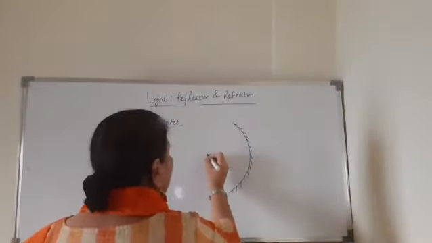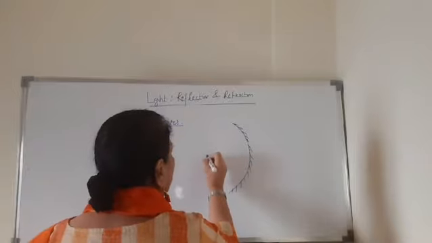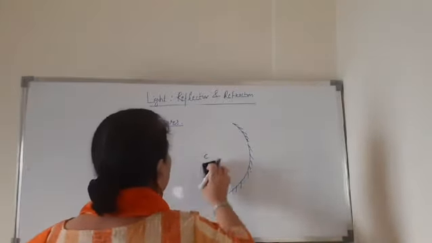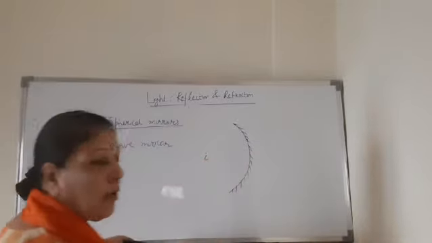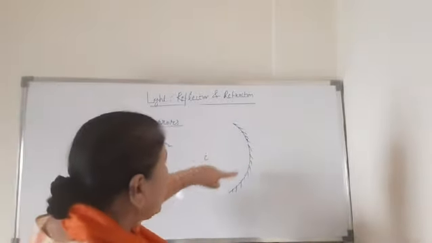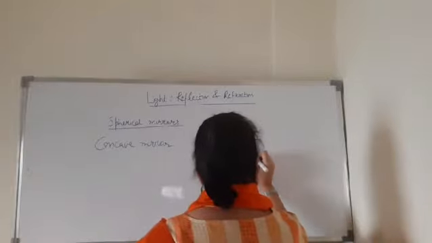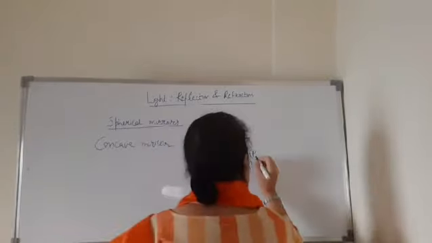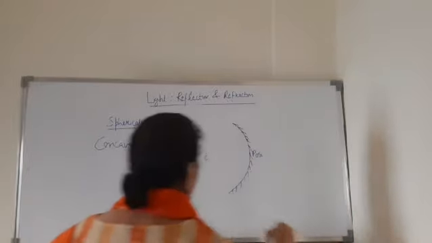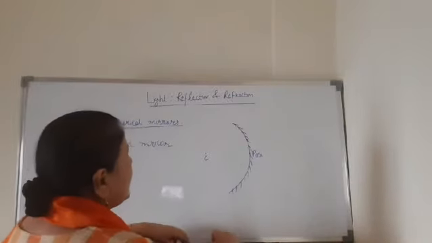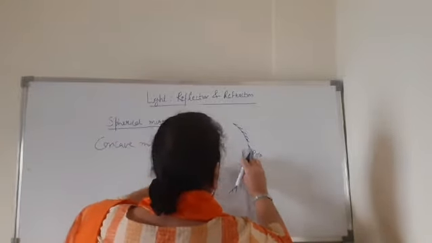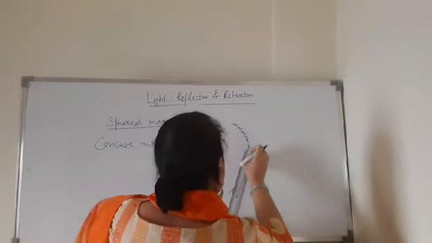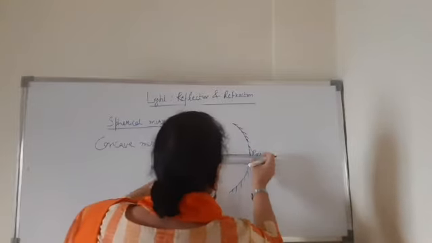Naturally the center of curvature will be somewhere here. The center of curvature is the center of the sphere from which it is made. The central point or the midpoint of the mirror is called the pole.